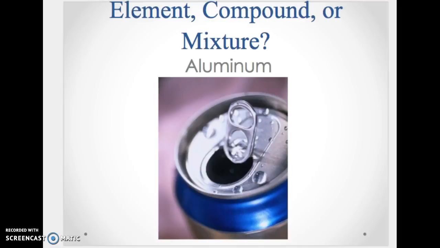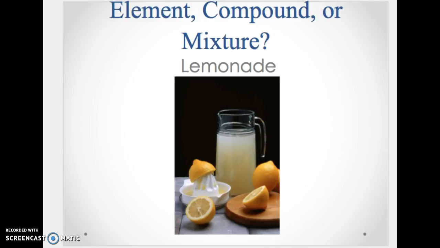What about aluminum? What would that be? So plain aluminum would be an element, Al on the periodic table. How about lemonade? What would lemonade be? Made up of different components. We got lemon, sugar, water, maybe a little bit of ice, which is water. Yes, it is a mixture.